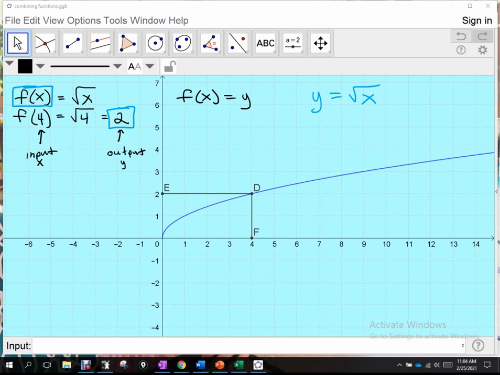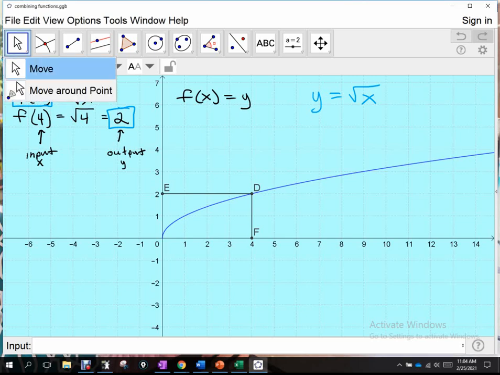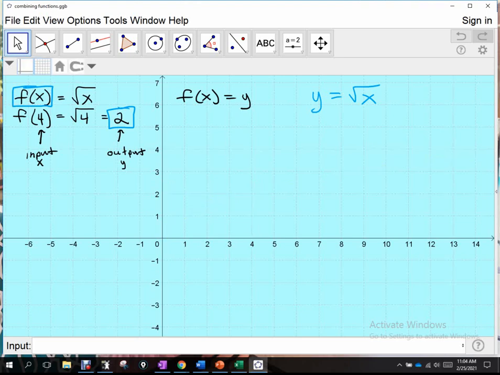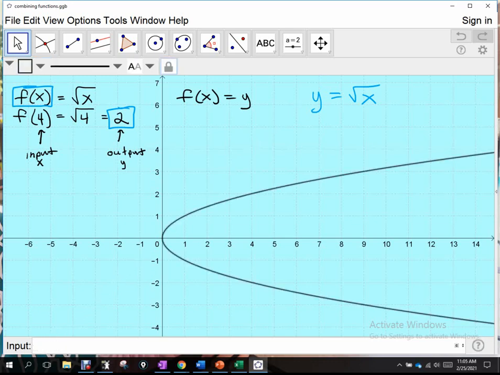That is different than some equations, because some equations might look like this. There might be an equation that says x equals y squared.